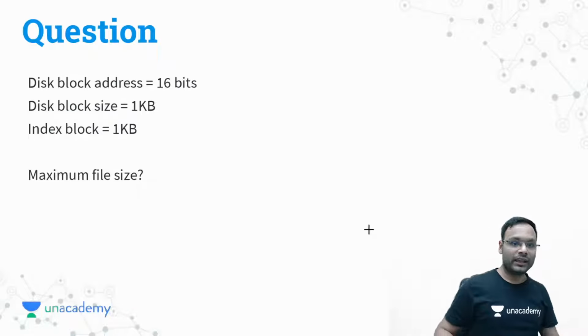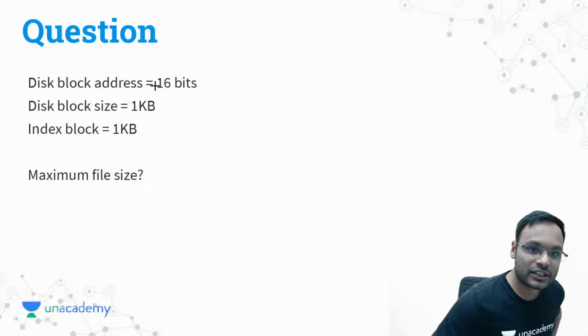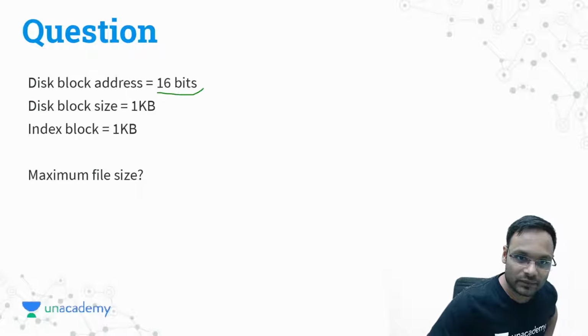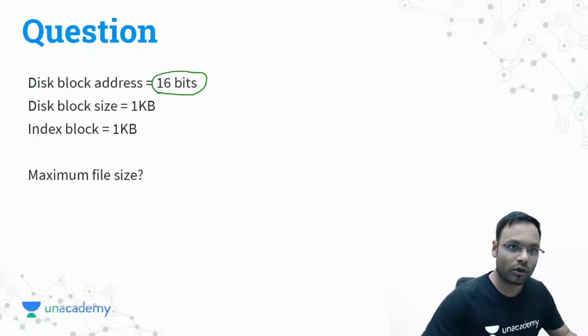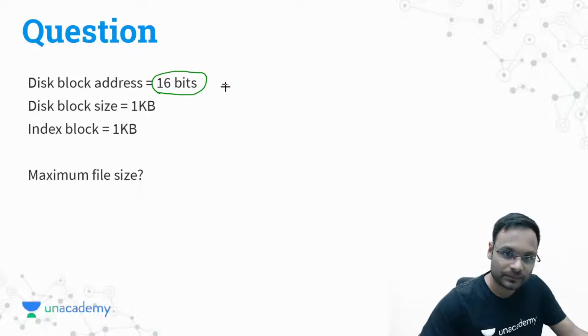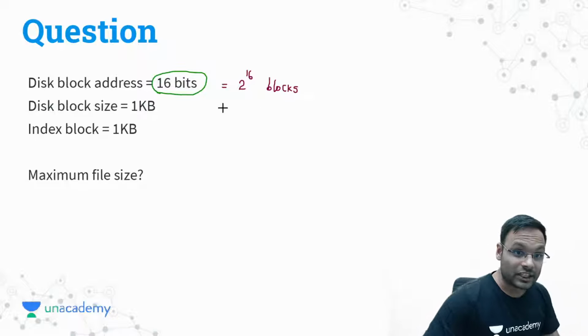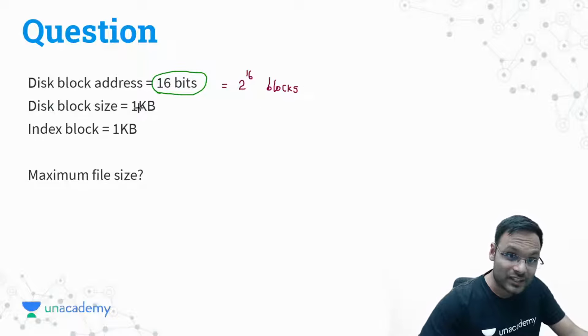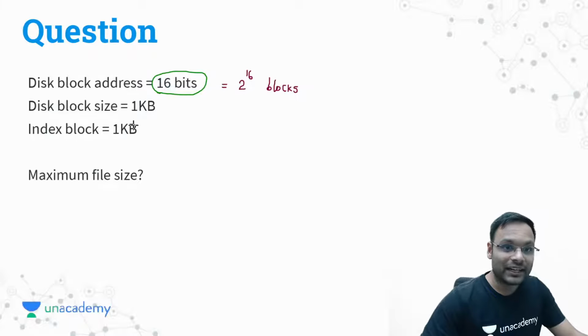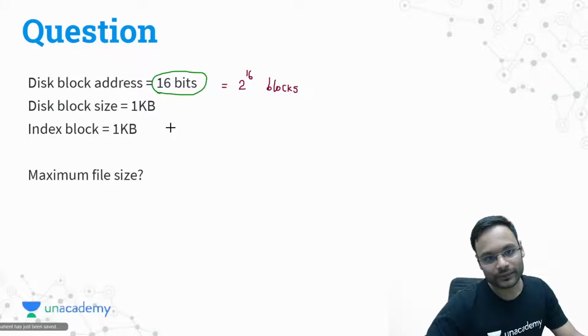Okay, so here it is. Let's say disk block address is 16 bits. So total number of blocks you have is 2 power 16. Disk block size is 1 kilobyte and index block is also of 1 kilobyte.